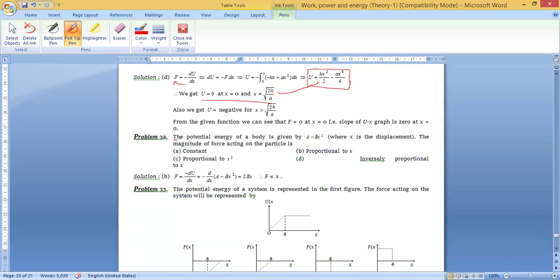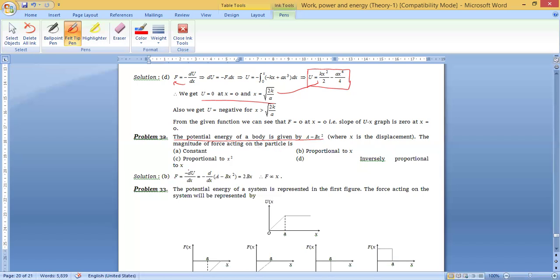Next, the potential energy of a body is given by A minus Bx square, where x is displacement. The magnitude of force acting on the particle is?